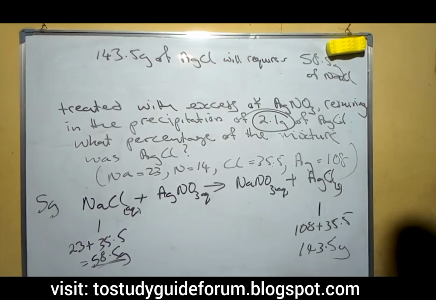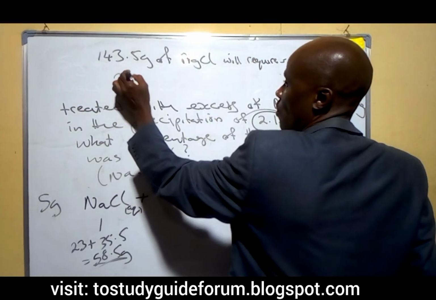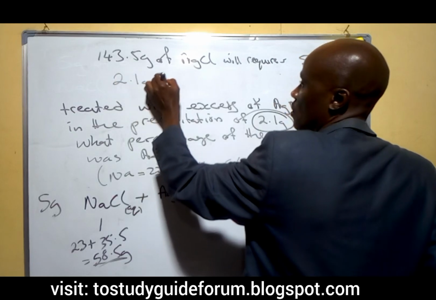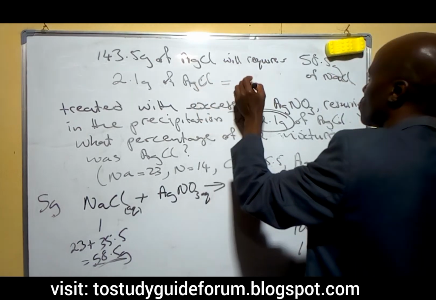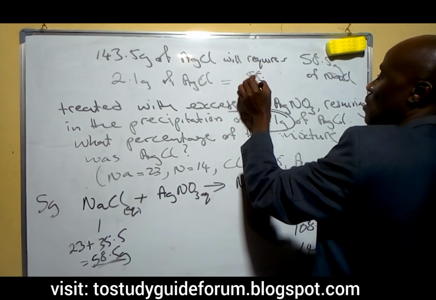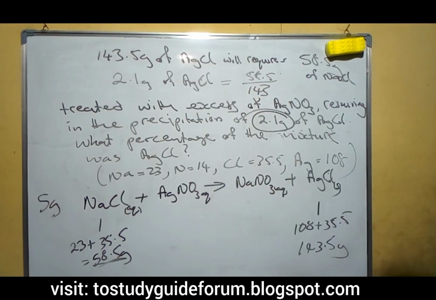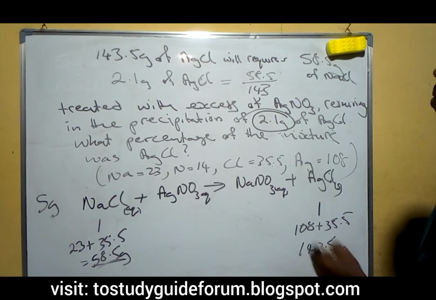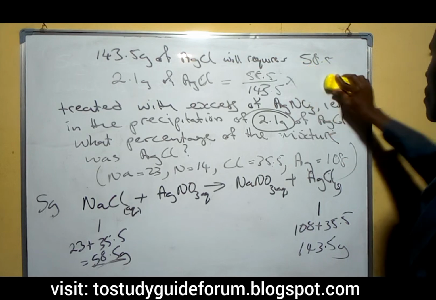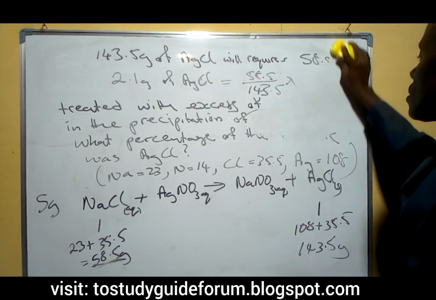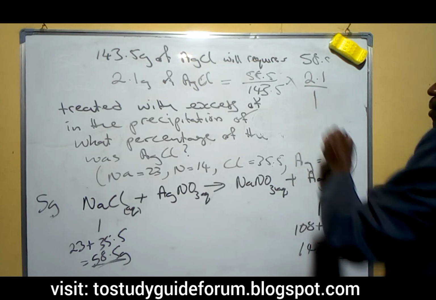All right. The next thing is that 2.1 grams of this will then be equal to 58.5 over 143.5 times 2.1 over 1.